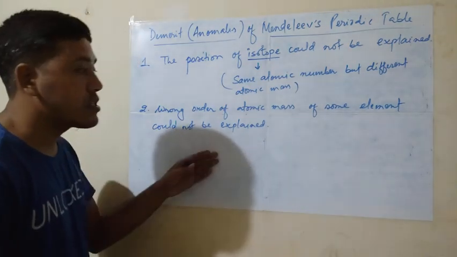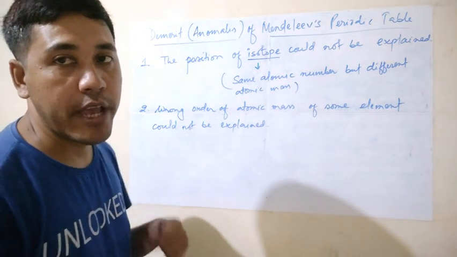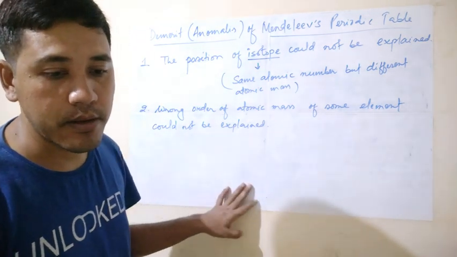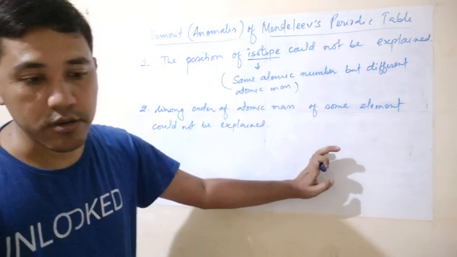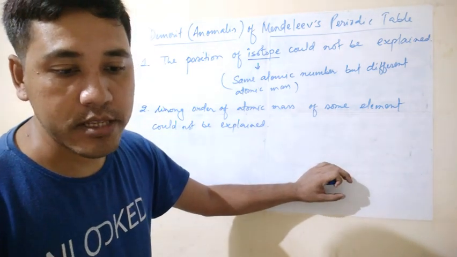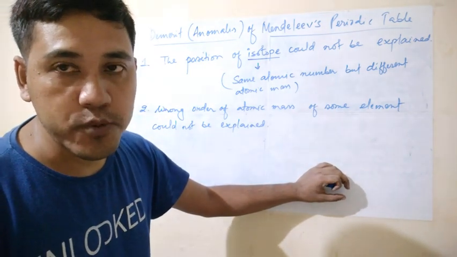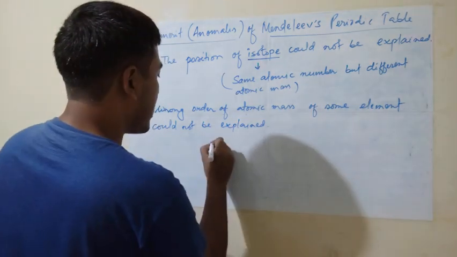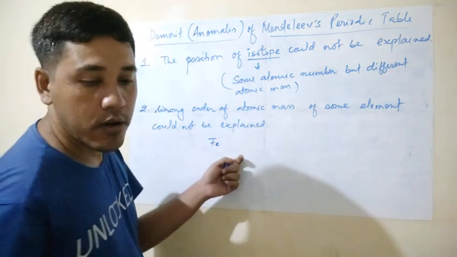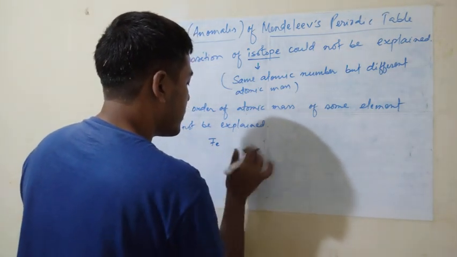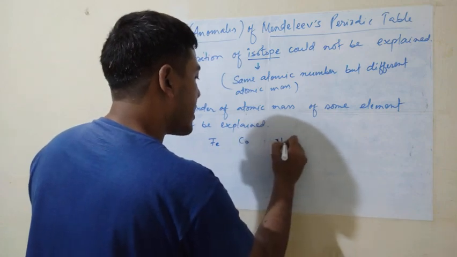For this, take out your textbook and see Mendeleev's periodic table. In group 8, period 4, you can see iron, cobalt and nickel.